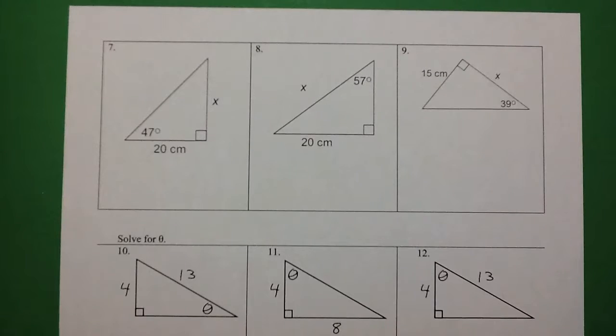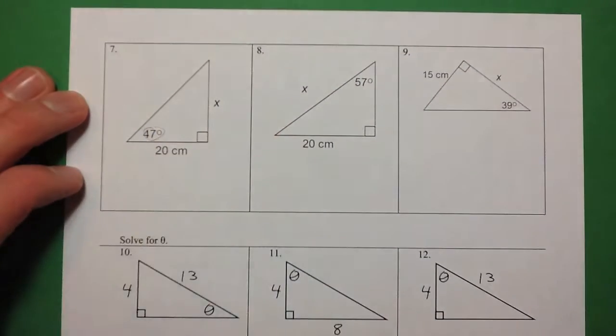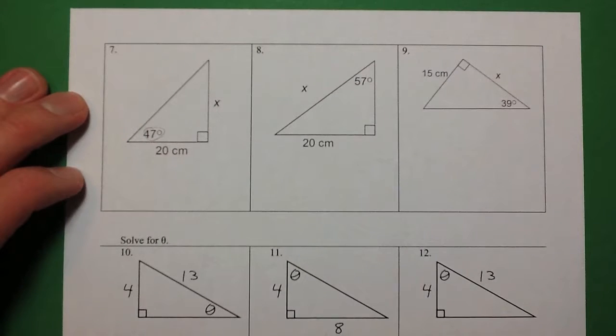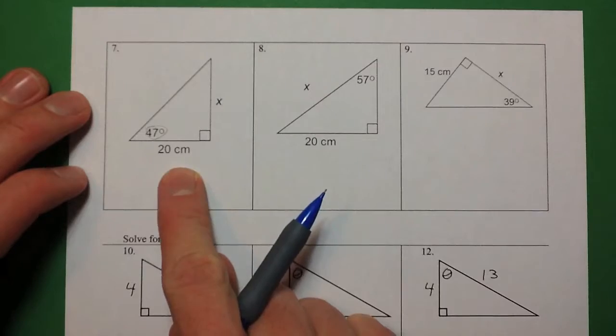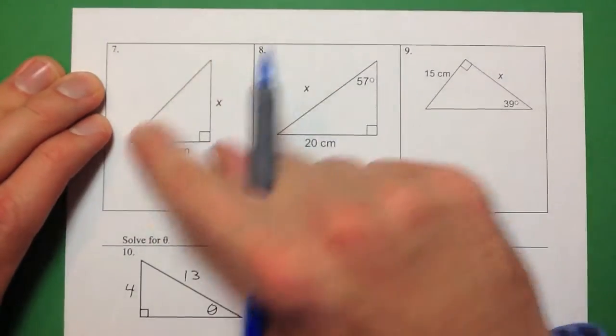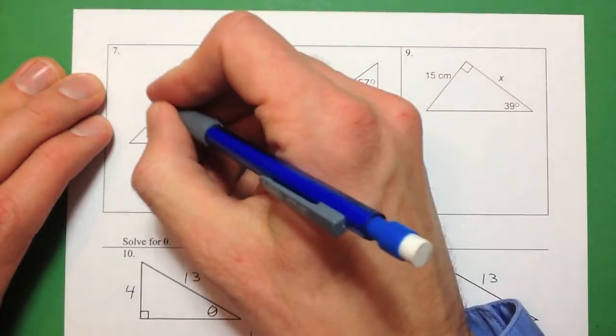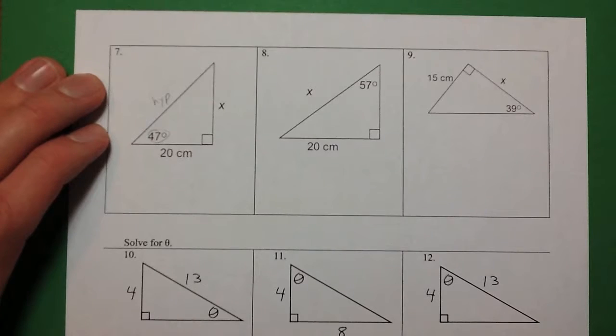All right. Number 7. I have a 47-degree angle right there in that corner. Lucky me. You know what else I have? I have a 20-centimeter side and I have an x centimeter side. What I don't have is this. What's that? It's the hypotenuse. You can label it if you want or not if you don't want to. That's up to you, but I don't even need it.